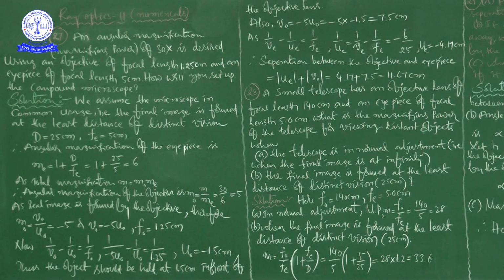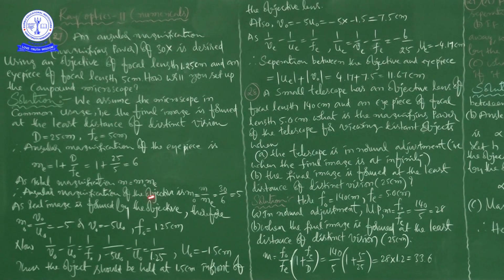So by substituting the D value and FE value, you will get it as 6, that is ME. And you know very well, total magnification small m is equal to m naught ME. Here m naught is the magnification of the objective lens, and ME is the magnification of the eye lens.